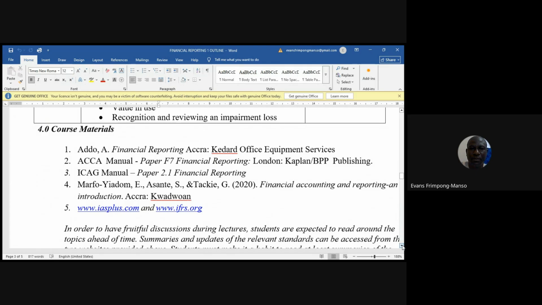When I'm sending the slides and the course outline, I will also send you the ICA Ghana manual, which will aid you as your reference point if you want more information on any of the things that we are going to discuss.